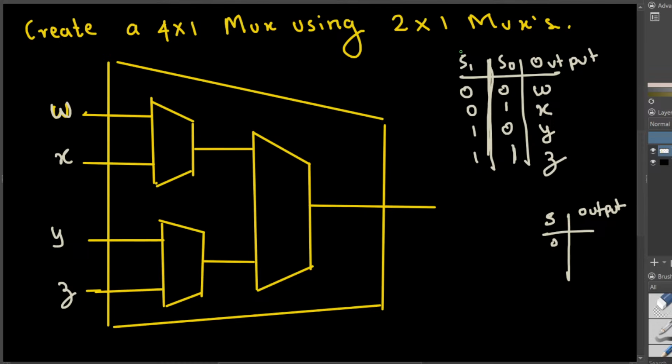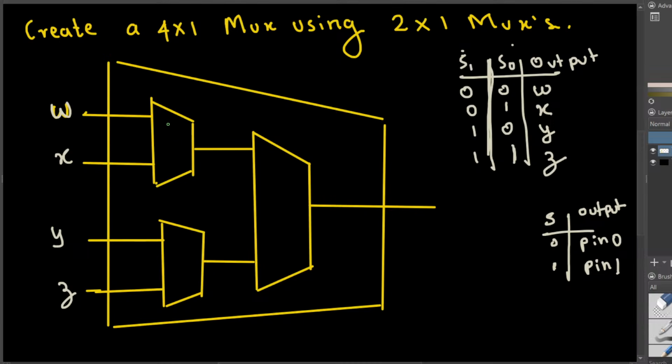For a 4x1 mux, we have 2 control signals, so we name them S0, S1. For a 2x1 mux, we only have 1 control signal input, so we are going to have just one of these. So here when S is equal to 0, whatever the value in pin 0 is going to be the answer. And when S is equal to 1, whatever the value in pin 1 is going to be the output.